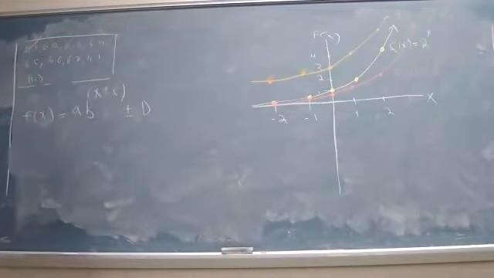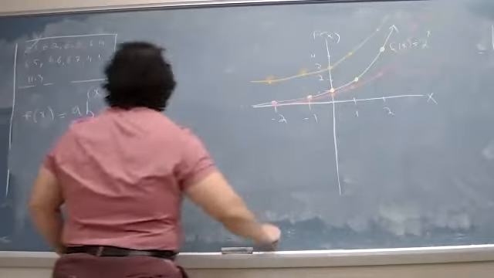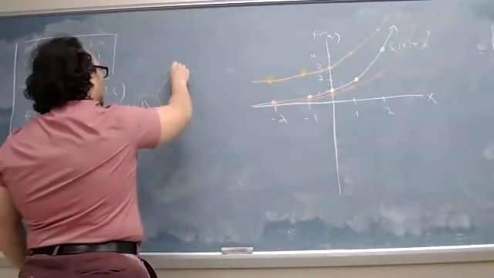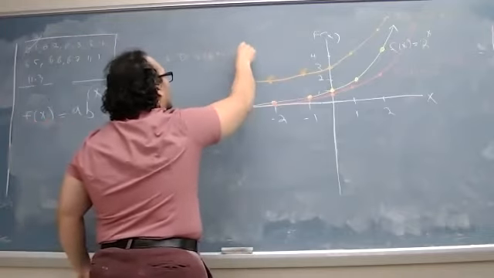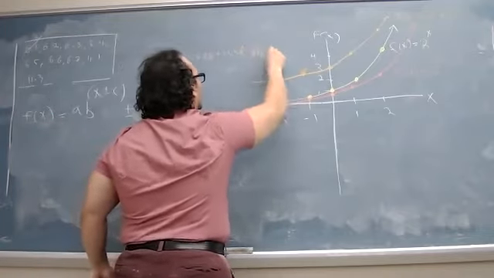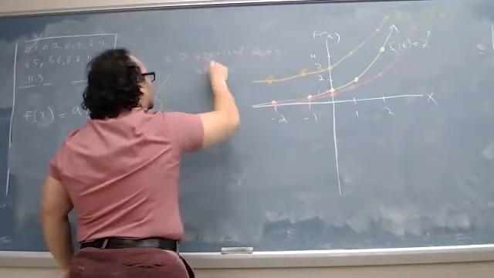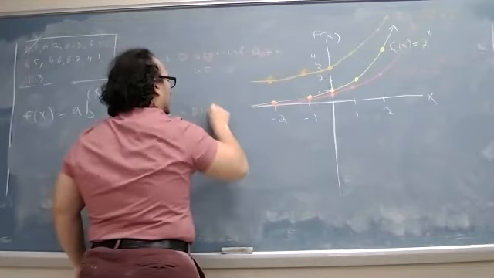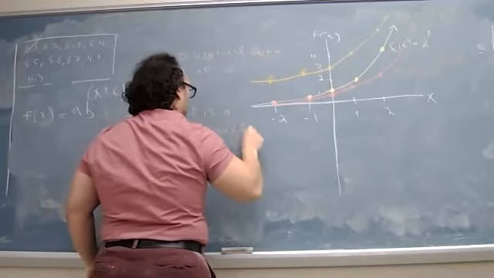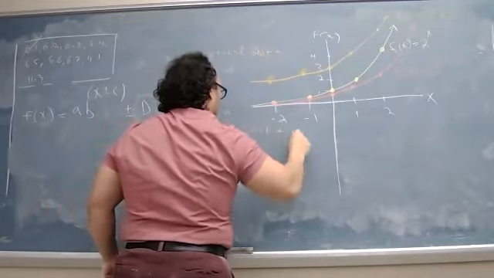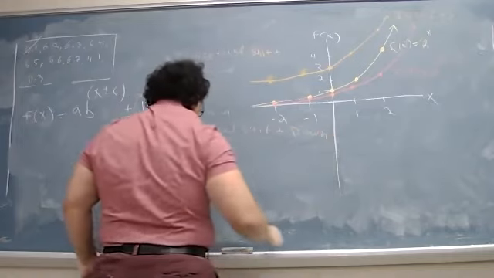Okay. The d causes vertical shifts. Plus d is a vertical shift up. Minus d is a vertical shift down.